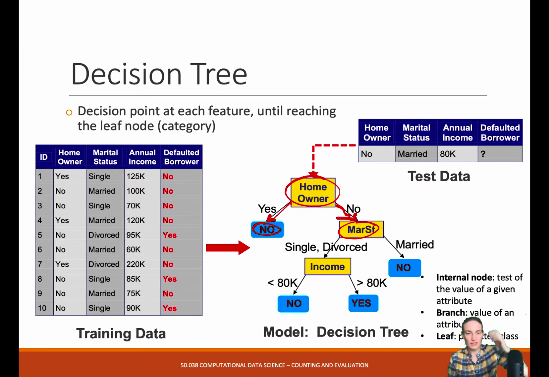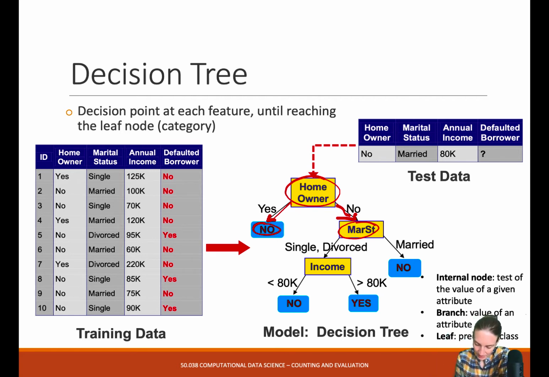Okay. In this case, homeowner, yes or no. We're training a model that can predict if someone is a defaulted borrower, yes or no. If someone is a homeowner, then the model predicts they won't be a defaulted borrower.